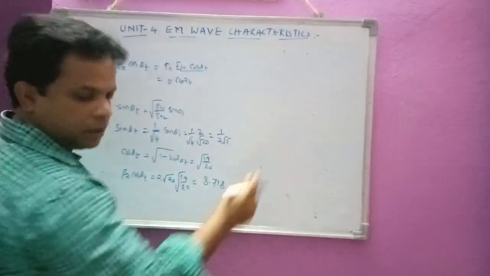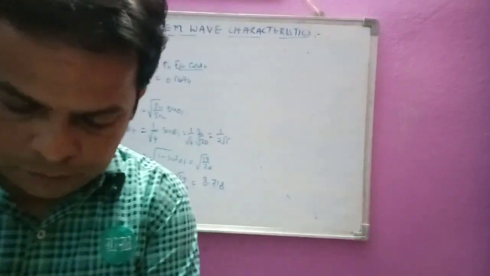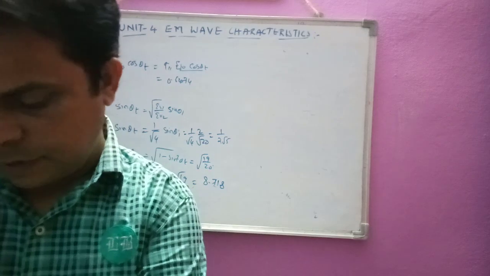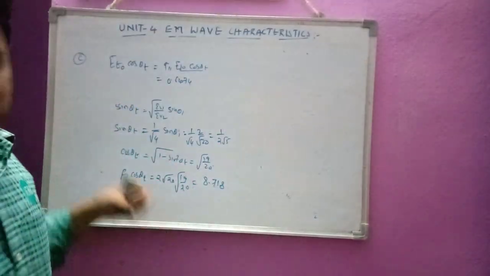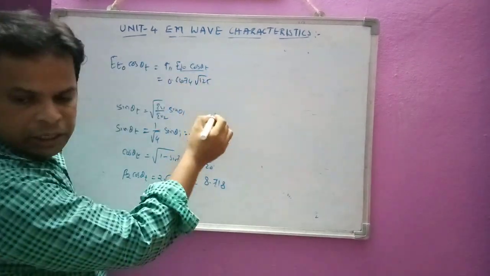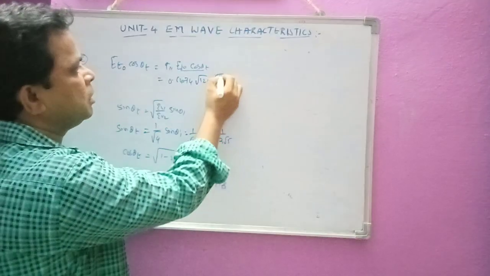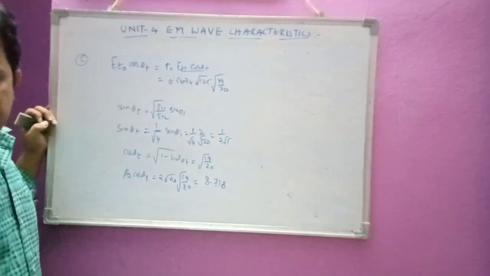He has given in the question the vector as 10 ay plus 5 az. This will be equivalent to root 125 that we will get here. Root 125 EI naught into cos theta t, that is root 19 by 20.